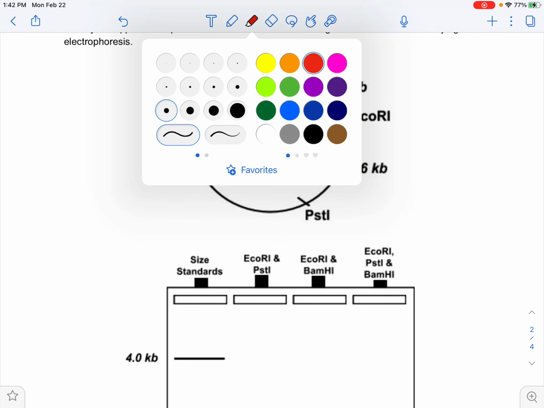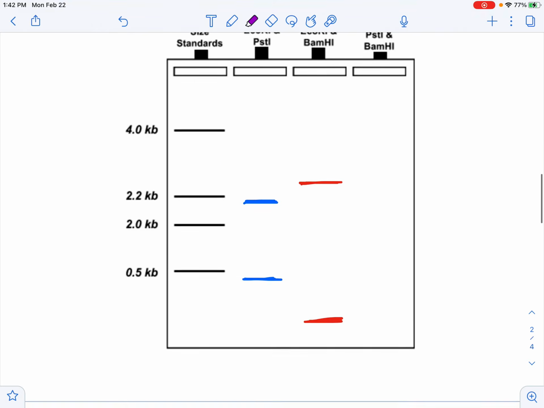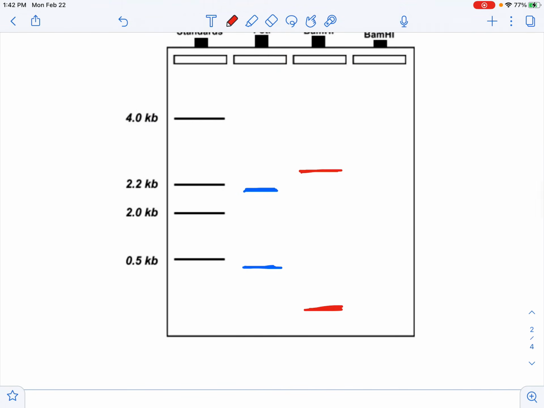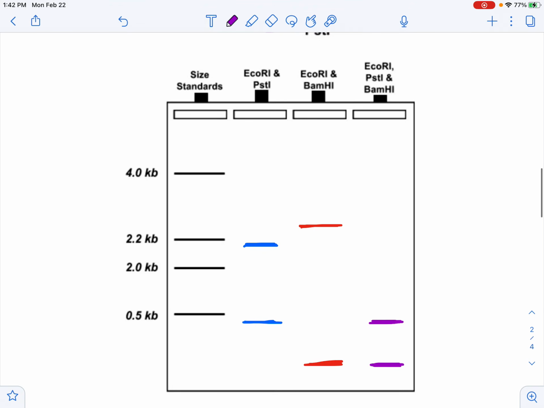Okay, if we used all three of them, then we would have a 0.2, a 0.46, and a 1.94. Okay.